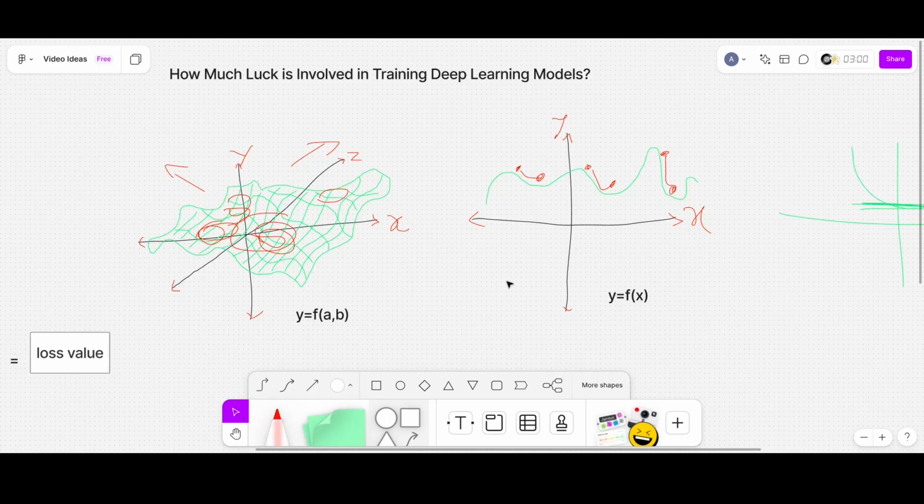So with just one dimensional input and one dimensional output, we have this graph. With two-dimensional input and one-dimensional output, we have a 3D wavy functional output. As we keep increasing the input and the output size, the graph is just gonna get more complicated and harder and harder to navigate through.